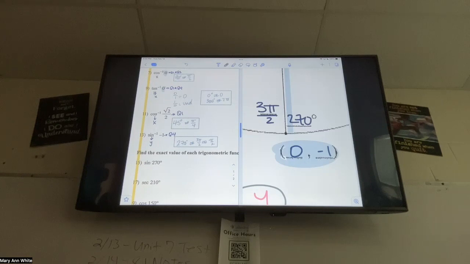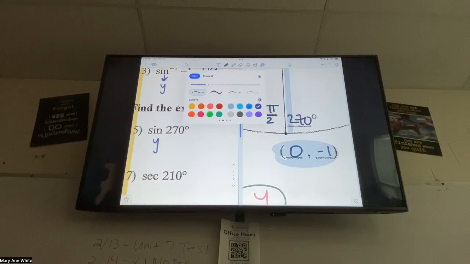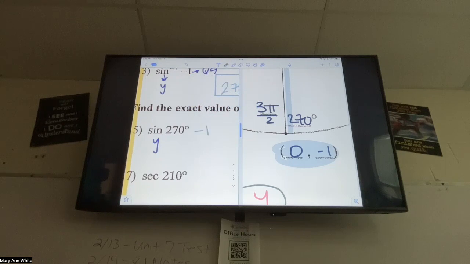I gave you the angle and you want to give me the ratio or the number that comes from it. Above it, I gave you the number and you gave me the angle. Now we're going the opposite, or really the right direction that we're used to going. So sine of 270, I'm going to go find 270 and I know sine is y. What's my y at 270? -1. Perfect.